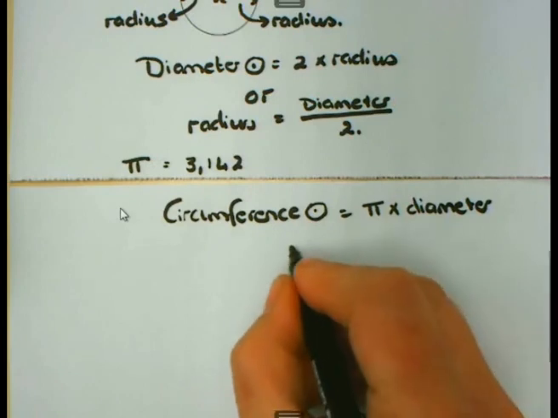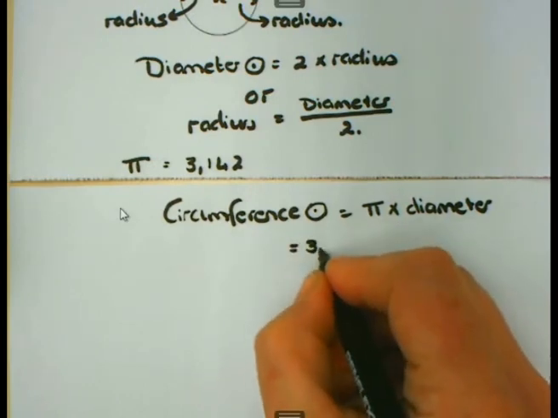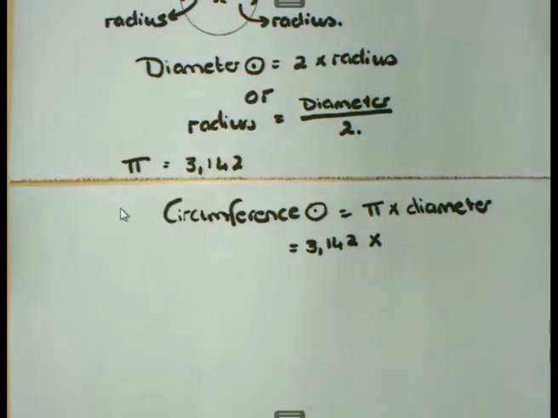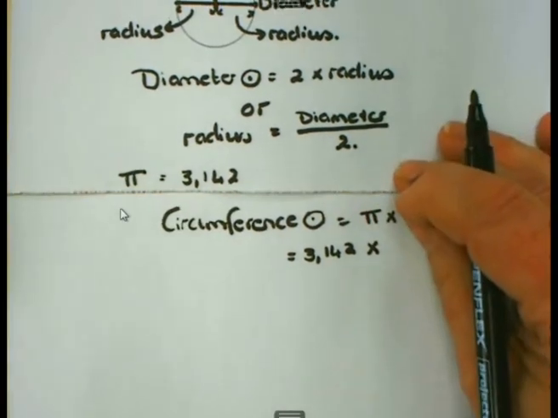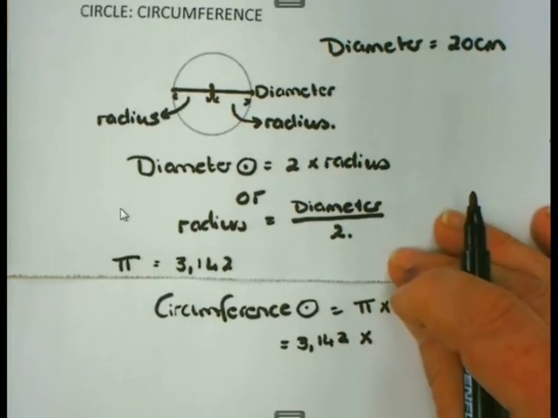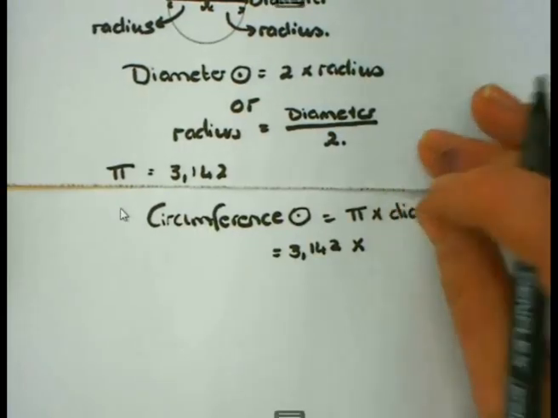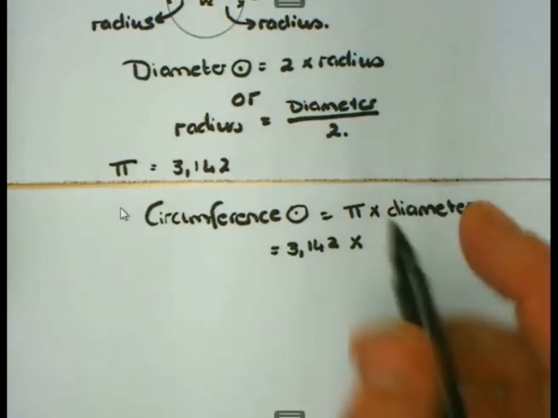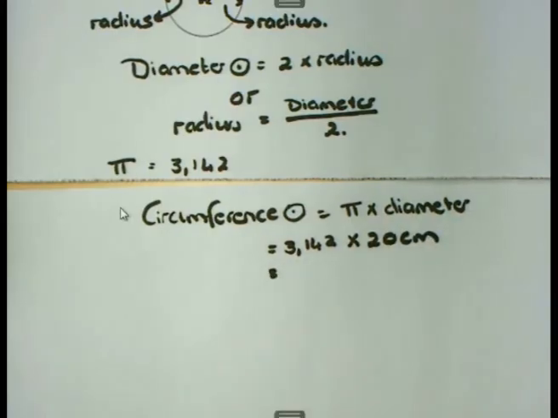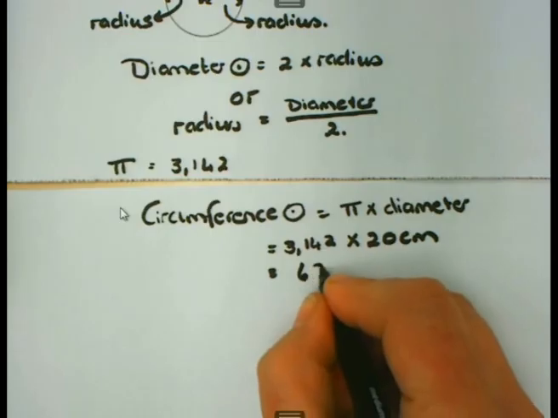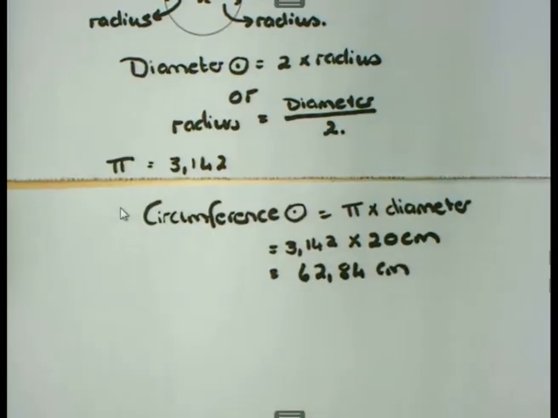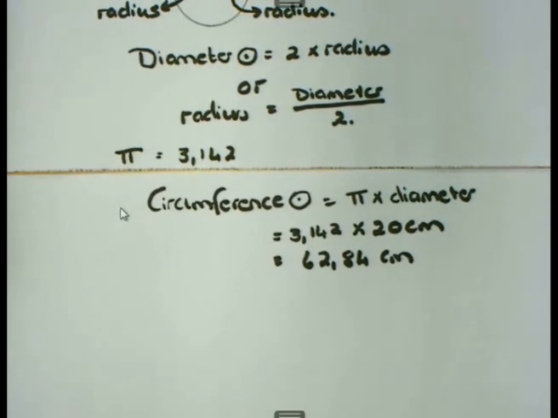Meaning I simply substitute the value of pi, 3,142, and I multiply it by the value that I have for the diameter. Now we said that we have a circle with diameter of 20 centimeter, so I'm substituting into the diameter 20 centimeter. And if I work that out, I get 62,84 centimeter. Use your calculator to work that out.